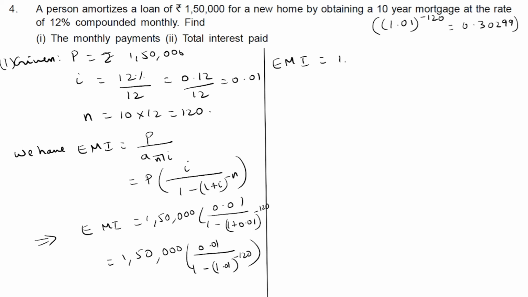So we have EMI as 1,50,000 into 0.01. So here 1.01 the whole raised to minus 120, the value is given as 0.30299. So it is 1 minus 0.30299.